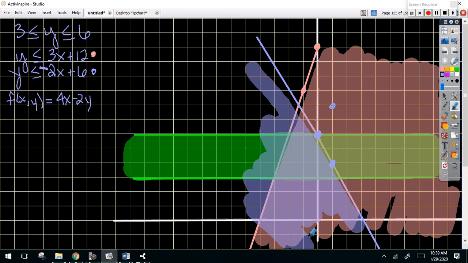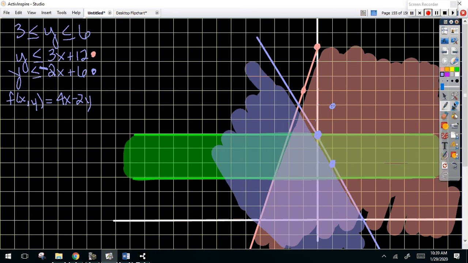Now look. Is it this? It's that little triangle. It's like a trapezoid. Which one is it? Because I didn't use different colors. The little triangle above doesn't have any green in it.